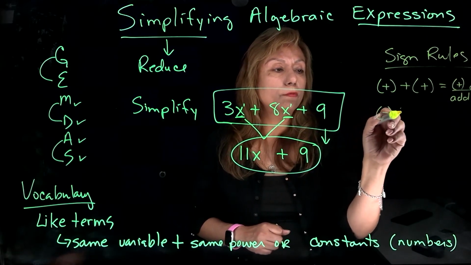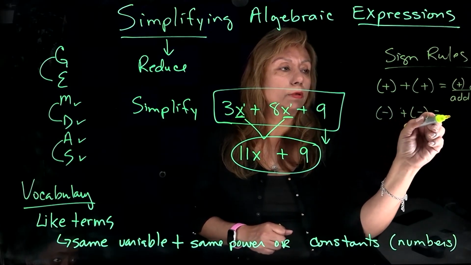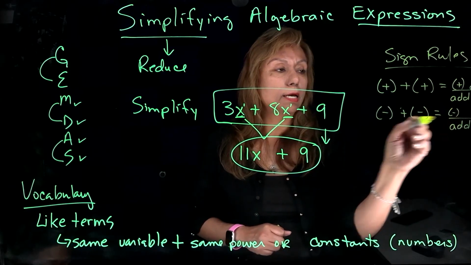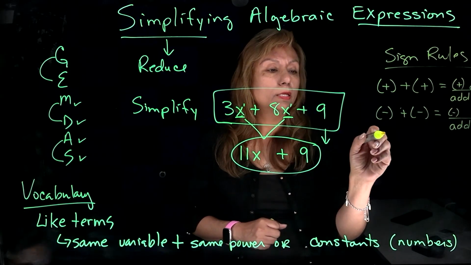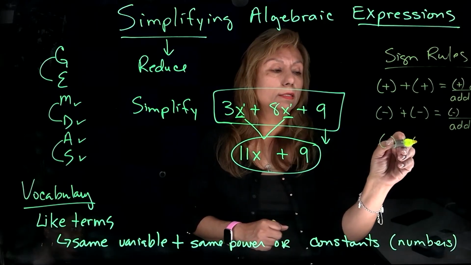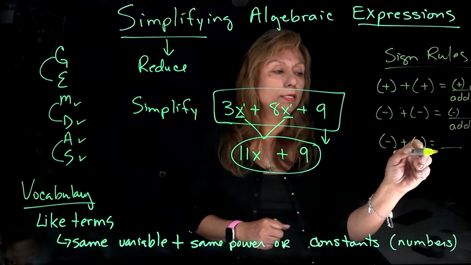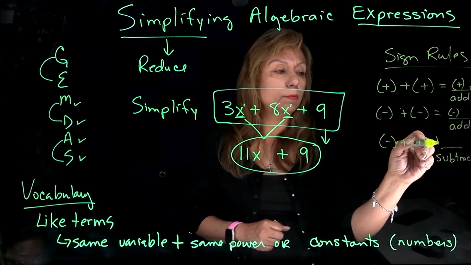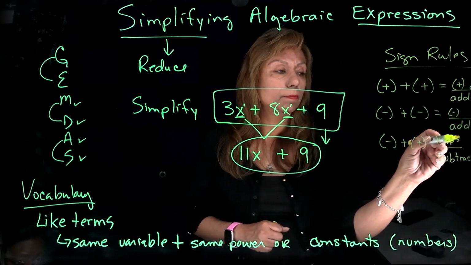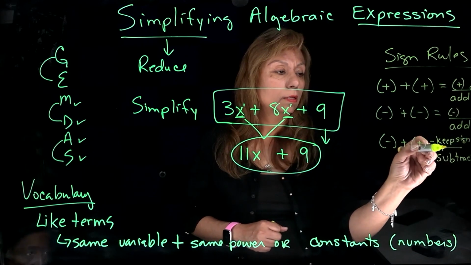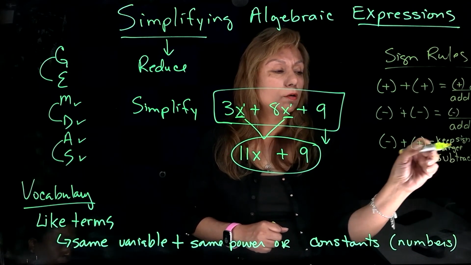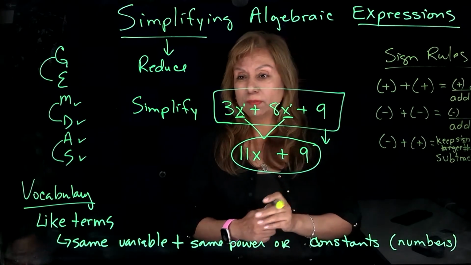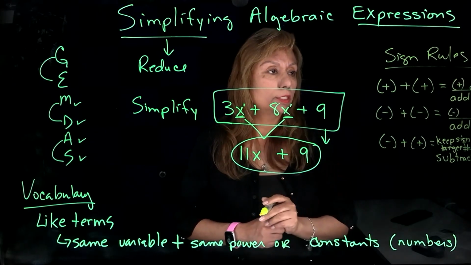Then if we have a negative number plus a negative number, we're still going to add, but we're going to keep the sign with the negative. If we have alternate signs, a negative number and a positive, this is now where we subtract, and the rule is we keep the sign of the larger number. Larger, and I don't always write out the word number. Sometimes I use the number symbol. So that might be something you remember that Professor Solis does, okay?